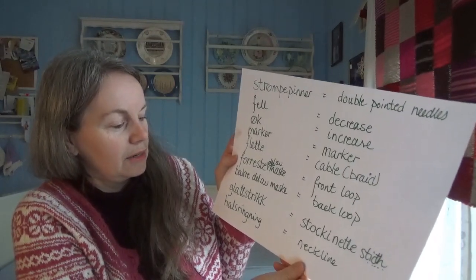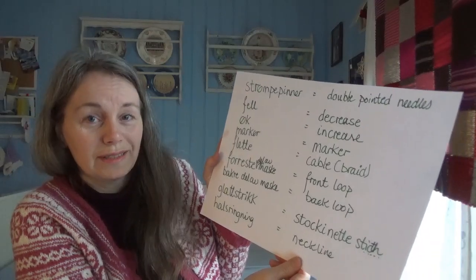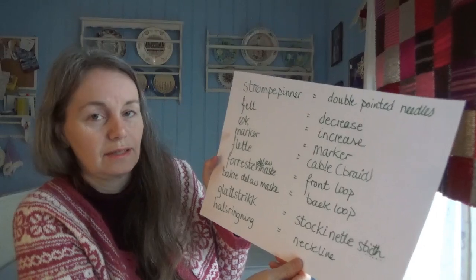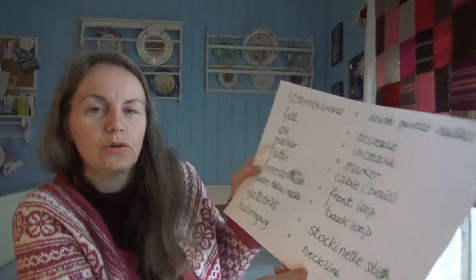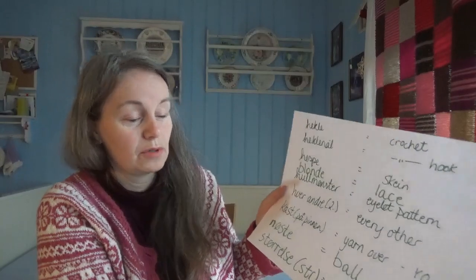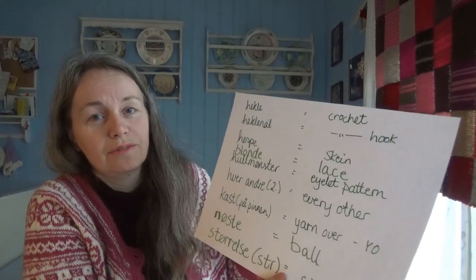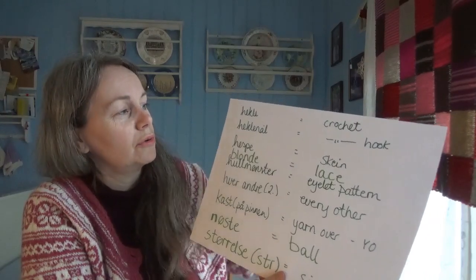Glattstrikk, that is stockinette stitch. Halsringning, that is neckline. I know I could have organized these words a little bit more. I just wrote them as I thought I would need them. So I'm sorry for the order if you find it rather messy. This is not only about knitting, it may be crochet also.